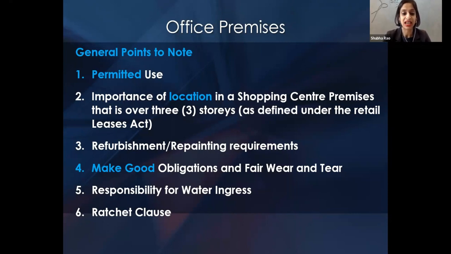Also, the other point is make good obligations at the end of the lease, and how fair wear and tear applies to this. We've actually had a client where there's been a dispute with the landlord because in the office premises, there was just general office furniture, and the office furniture has created small little dents in the carpets, and the landlord was indicating that this was damage to the carpet by the tenant, and was requesting replacement of the whole carpet for the area.